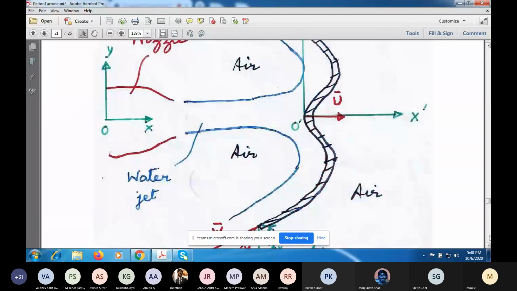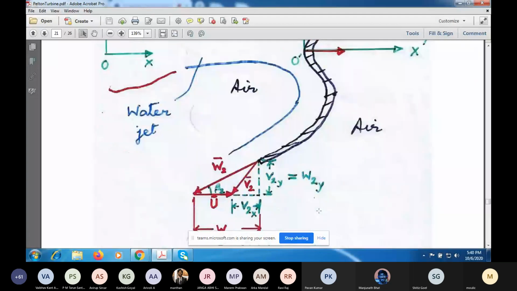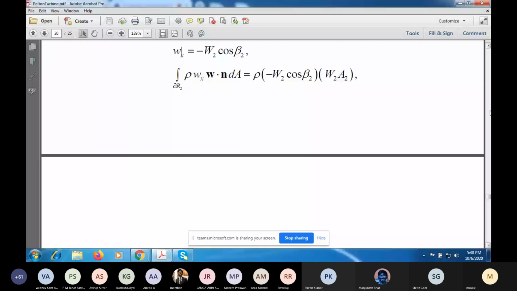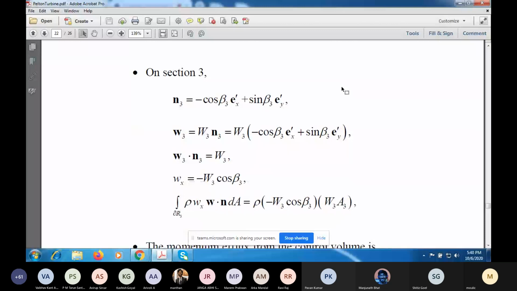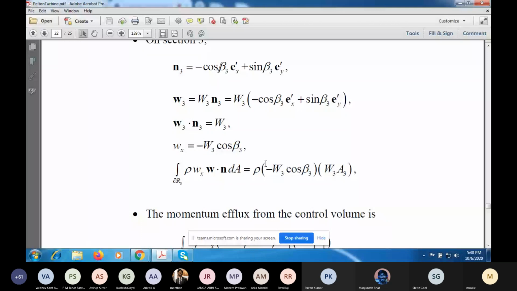If I go back and look at this figure, positive x prime is pointing to the right, and as you can see, the W vector is slanting downwards, so its x component is negative. So you have rho times minus W2 cos beta 2 times W2 A2. Now you will have a similar thing on section 3. The only difference is that this will be plus sine of beta 3. Here it is similar, just you have W3 A3 and minus W3 cos of beta 3.